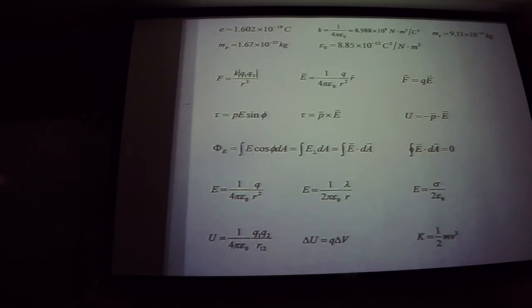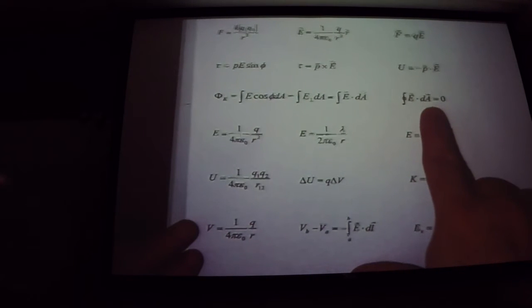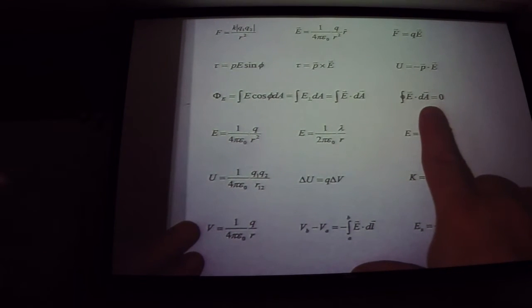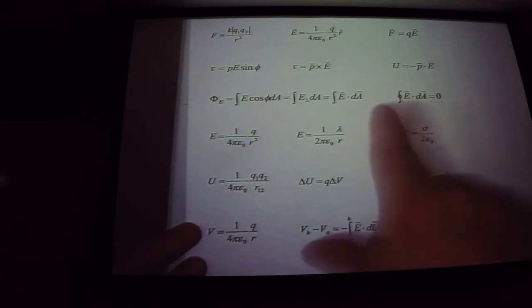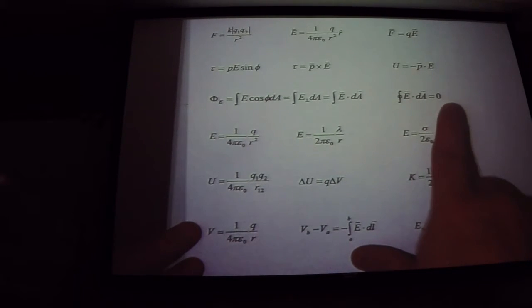One thing that I do want you to be able to do, okay? Now there are integrals on your test, but they look kind of like this. That's Gauss's law. And remember, we never actually had to do the integrations for Gauss's law.